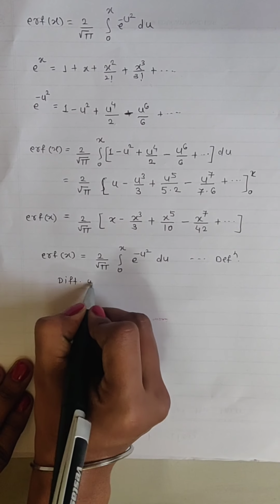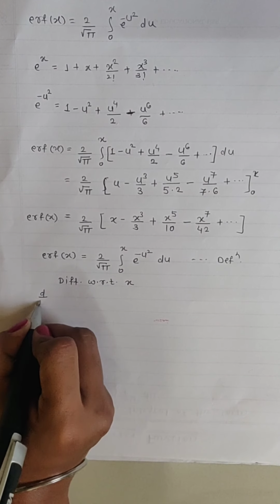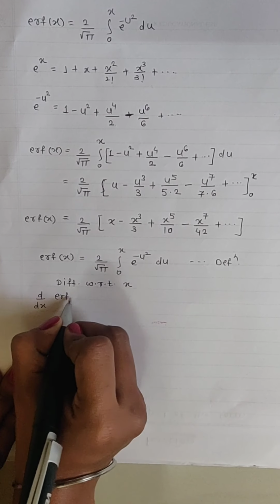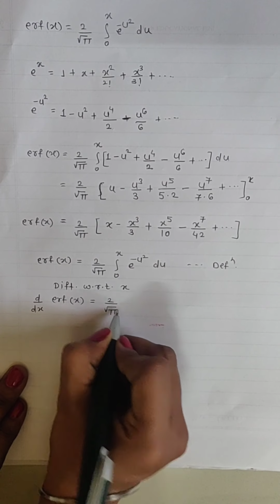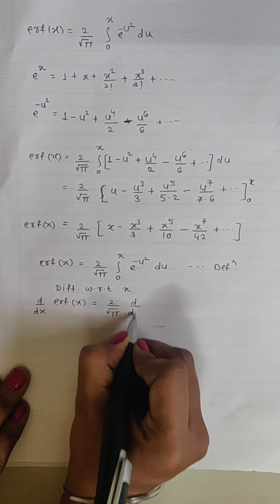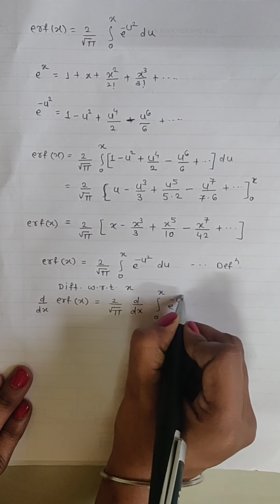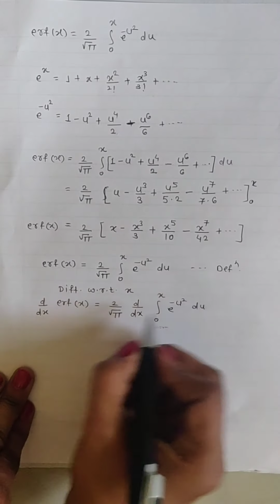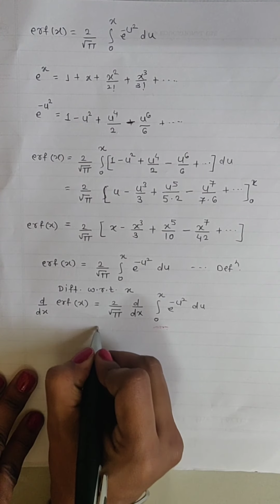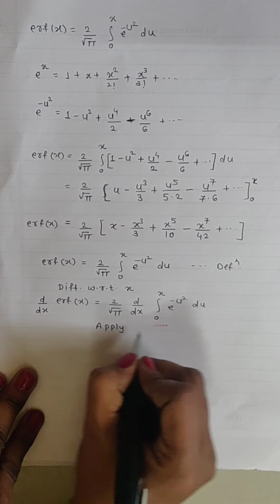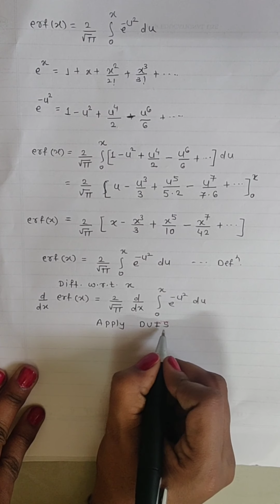Now we need to differentiate with respect to x. So d by dx of the error function of x is equal to 2 upon root pi times the derivative of this integral with respect to x. Here we use the concept of Leibniz's rule, that is differentiation under the integral sign.